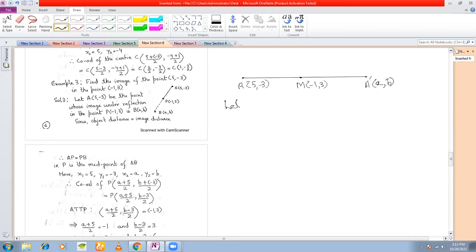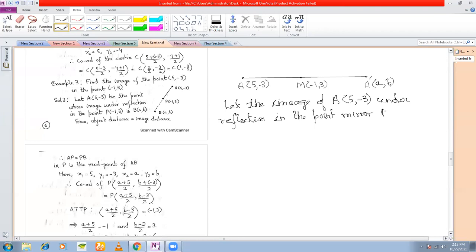Okay, so we say let the image of A(5, -3) under reflection in the point mirror M(-1, 3) be A dashed (a, b).